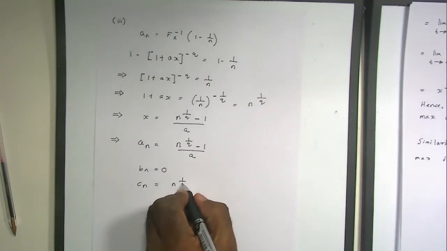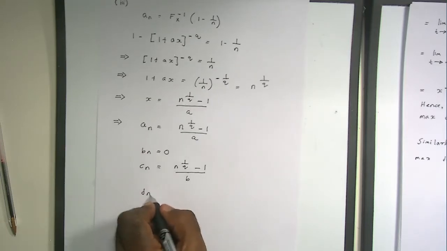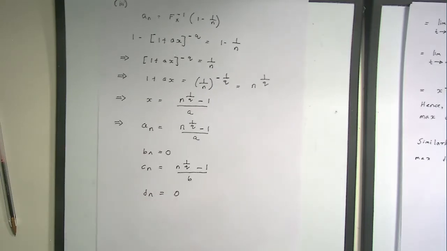Your c_n will be this, and your d_n is also 0. I'm just using the formulas that I gave you last week. Remember, for the Fréchet domain, the b_n and the d_n are 0. So only a_n is F_X inverse and c_n is F_Y inverse, right? Okay. All right, guys. Any questions so far?